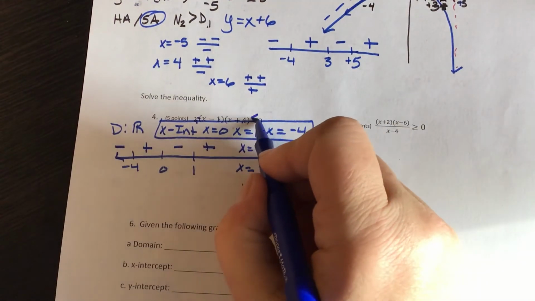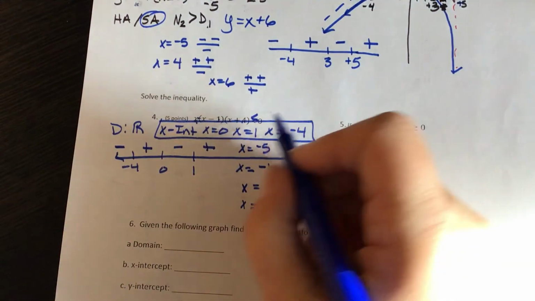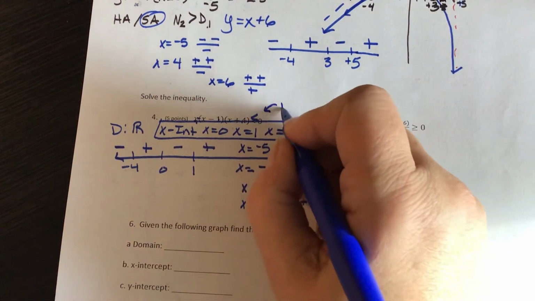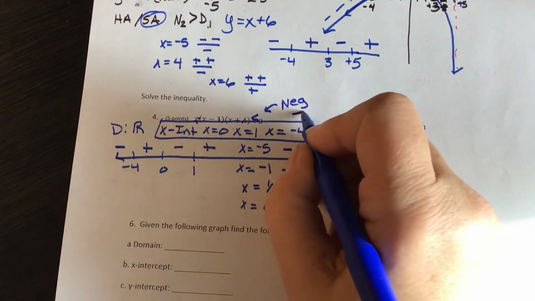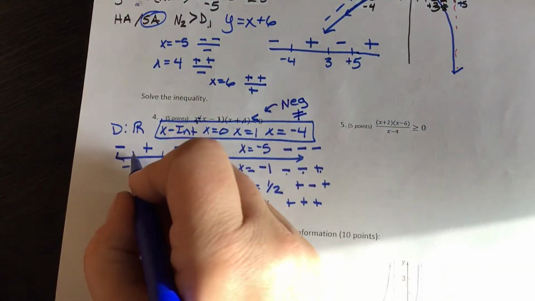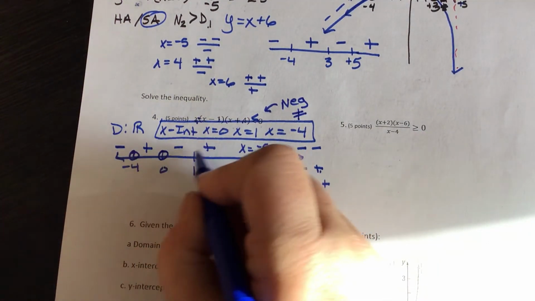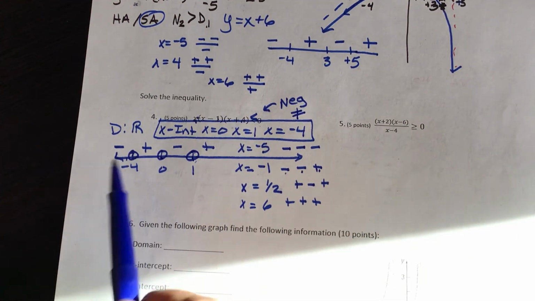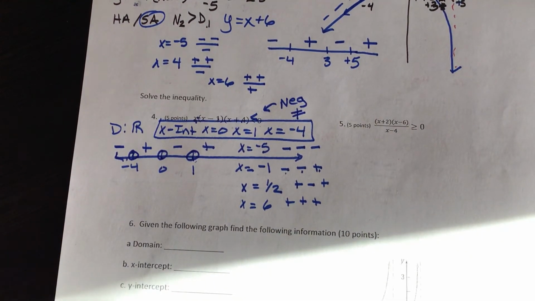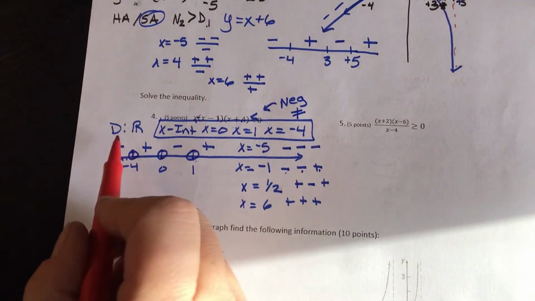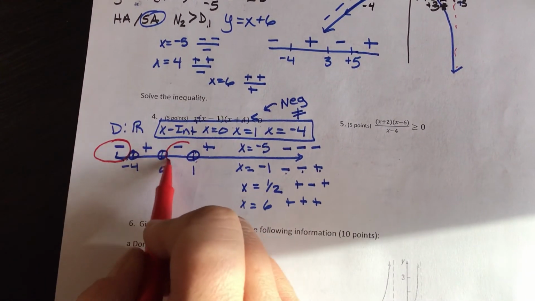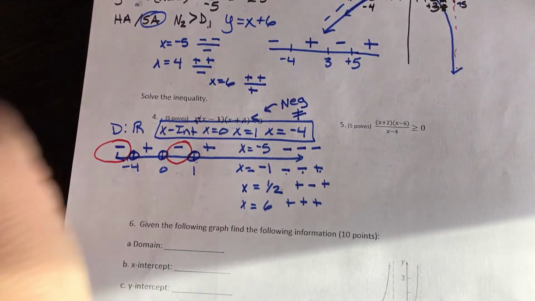So my sign here is the y values have to be less than 0. That means this is negative, and it does not equal our zeros. So I don't have values that it can equal the values I put on here. So if I'm looking for negatives, I have numbers less than -4 and numbers between 0 and 1.